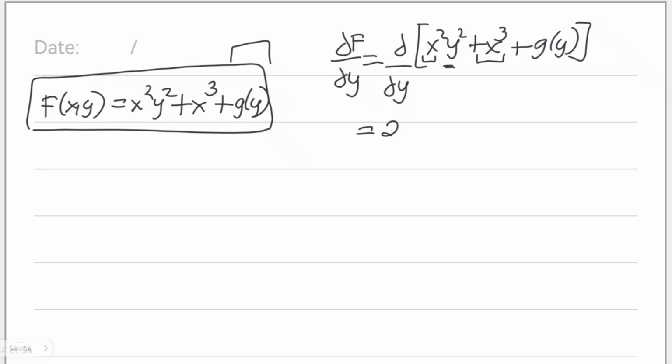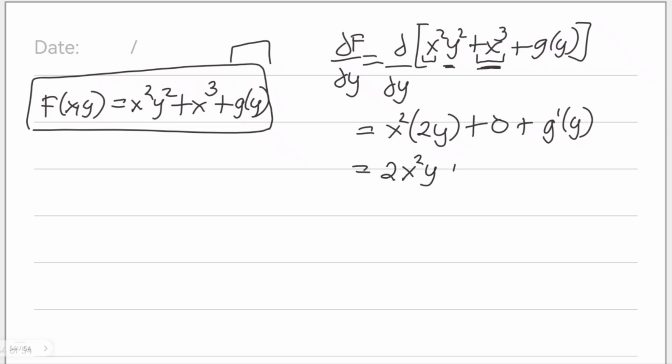The constant is x squared, and you will have 2y. That becomes 0 because it doesn't have a variable y, plus g prime of y, because we are also deriving the function g of y. So this is now equal to, rearranging them, 2x squared y plus g prime of y. This is our first partial derivative of f with respect to y.